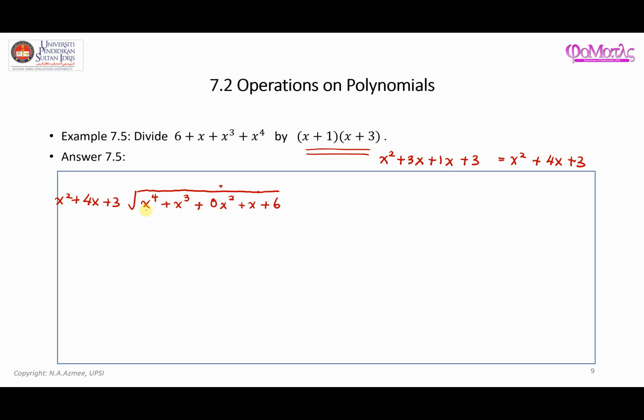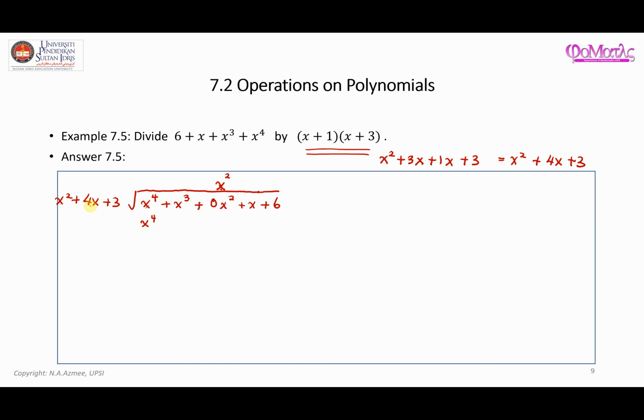So obviously my choice would be to have x squared. So x squared times x squared, I will get x to the power of 4. So remember, your aim is to get rid of the highest power. Okay, so x to the power of 4, you're aiming to get rid of that. So that's why you multiply with x squared.